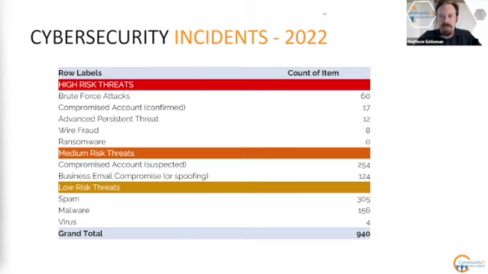The next highest number we had here was compromised accounts. You see that confirmed, and I think suspected in the medium risk was over 250. This has become an area where we do a lot of investigation. This number is relatively low, but it's not zero. Even with all the emphasis that we've had on implementing multi-factor authentication, organizations have not been able to do that 100%.